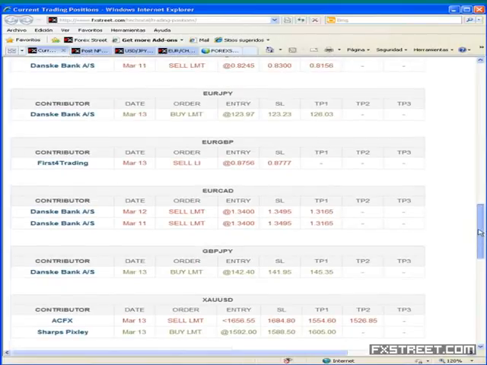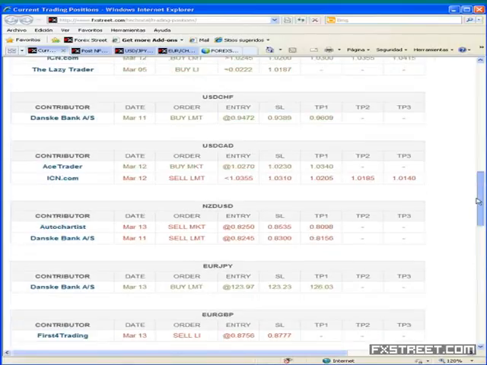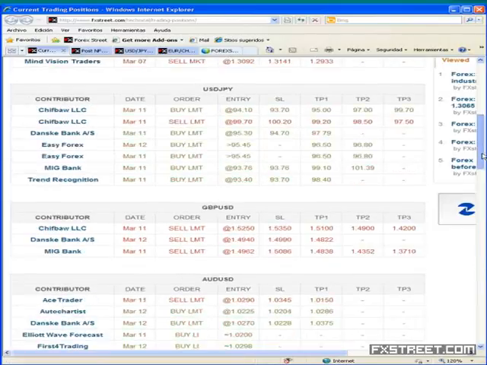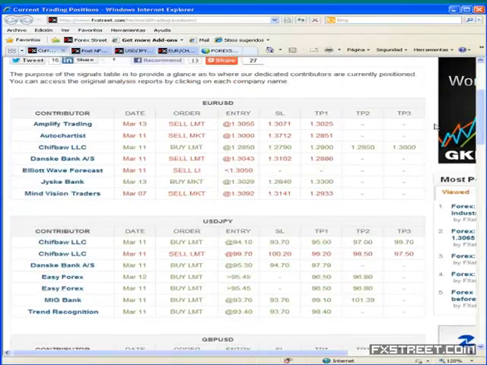So probably you will see a lot more play with the above pairs, with euro dollar, yen.